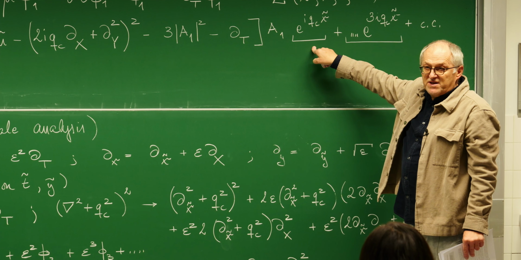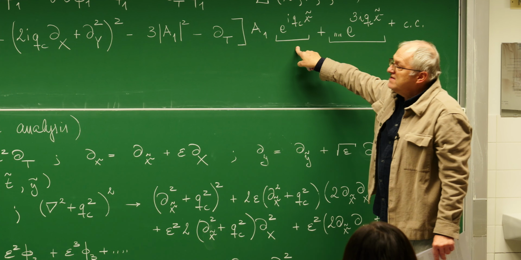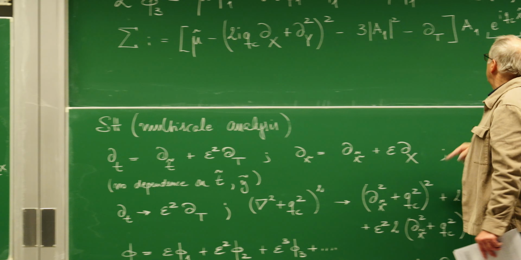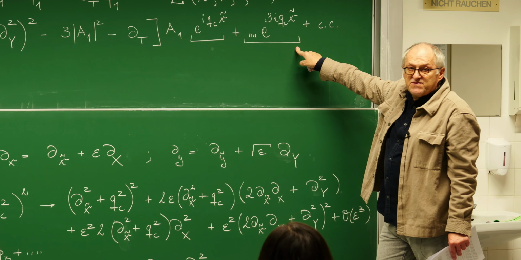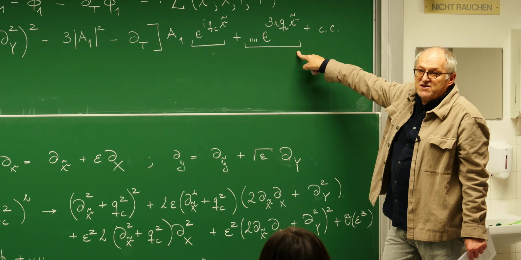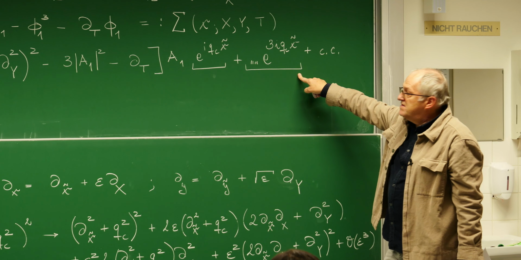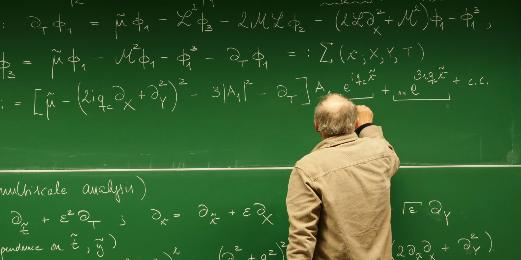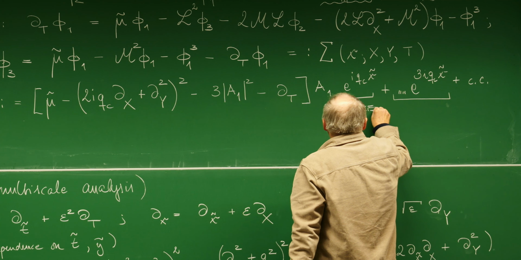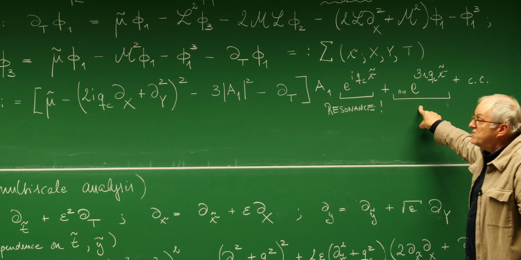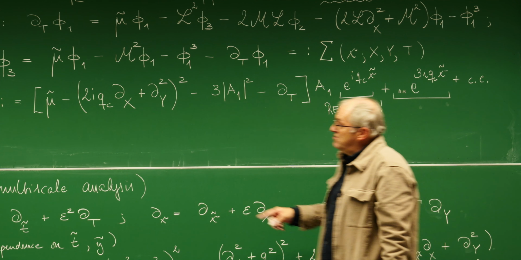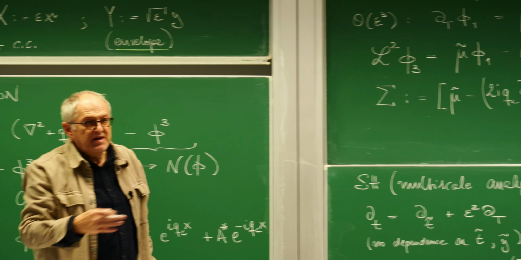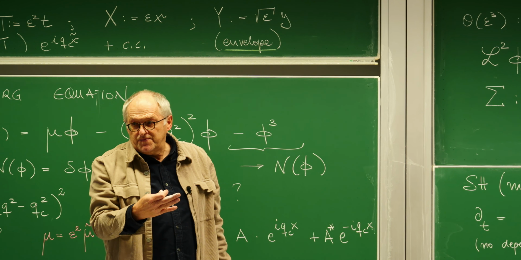One that's actually in resonance. It has the same wavelength as the one that's contained in this linear operator. And the other one, which is off resonance because it's 3 times the wavelength that's natural for the linear differential operator. So here you have a resonance term. Here this is off resonance. And you want a solution for phi, and that means for phi 1, phi 2, and phi 3, that is bounded.